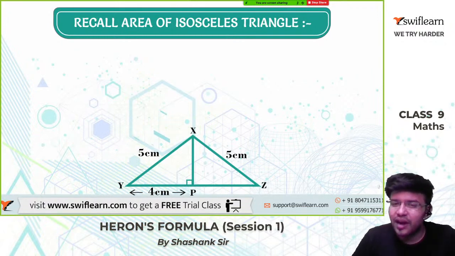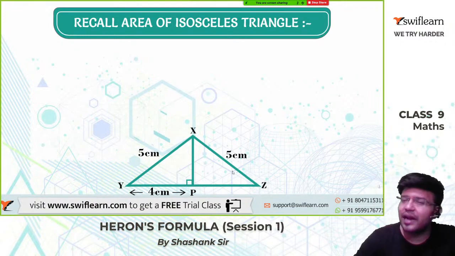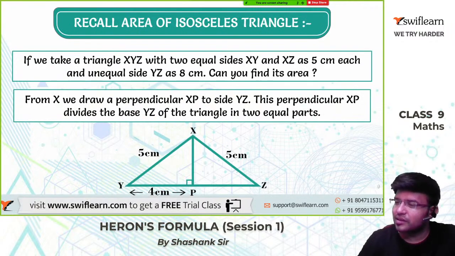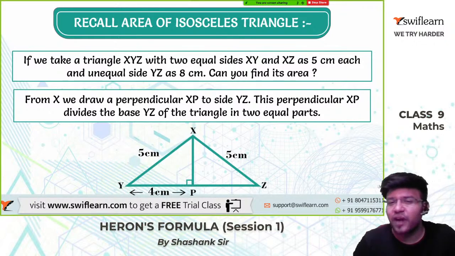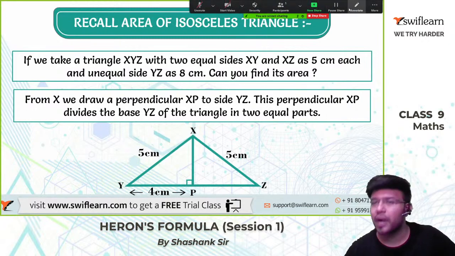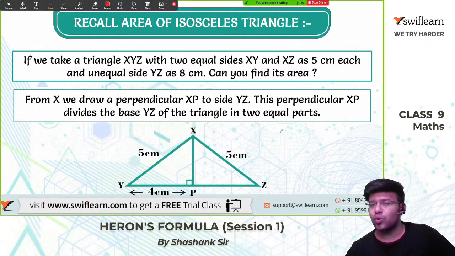Now considering triangle XYP, it is a right angle triangle. Now using Pythagoras theorem, find the height XP. So I'm going to directly write here 5 square is equal to 4 square plus XP square.